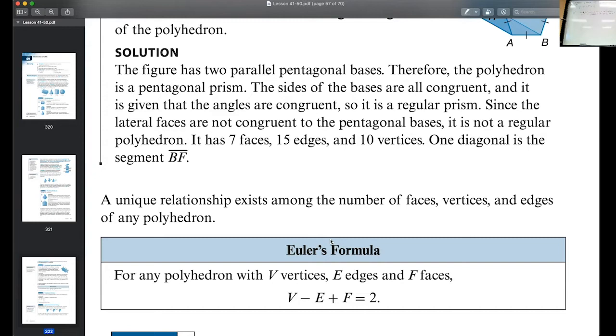Oh wait, let's see. Did I do it wrong? No, it would be 8, wouldn't it? Yeah, so 8 faces. Did you say 8? Yeah. Okay. Yeah, for some reason I thought they were looking for edges.